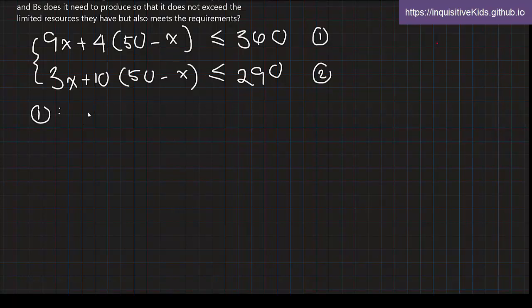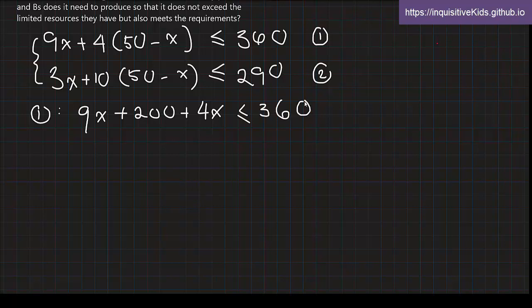So why don't we first remove them, and after we substitute the 4 in, we have 9x plus 200 minus 4x, and that is less than or equal to 360. Remember, 360 is a limited resource, so the maximum you have is 360 or less.